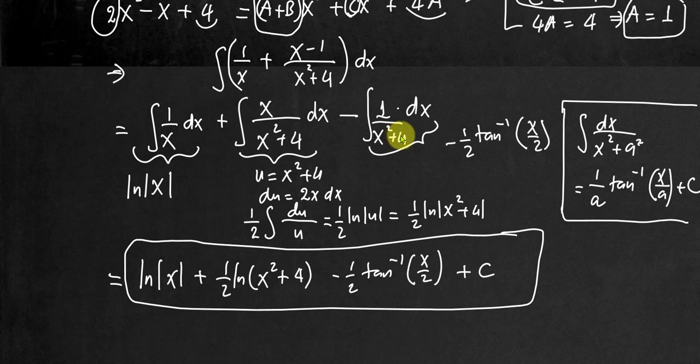So I know that x squared plus a squared, in this case we have the number 4, so a squared should be 2 squared. 2 squared equals 4. Therefore a is the number 2, and therefore I have 1 over a, which is 1 over 2, and then inverse tangent of x over a, which is x over 2, and the minus sign I keep in the front. So this is a formula for the inverse tangent.